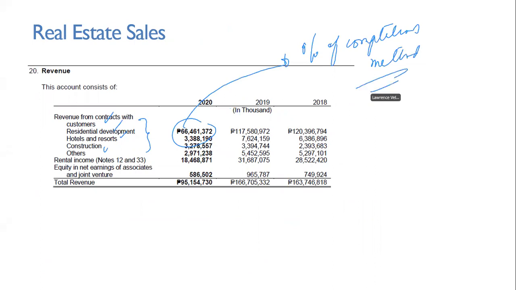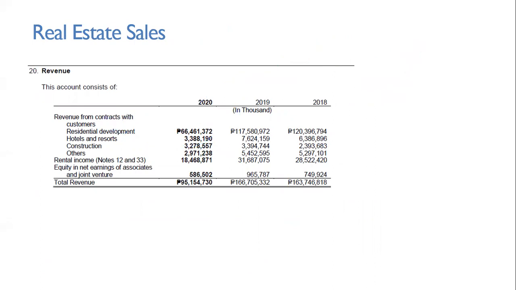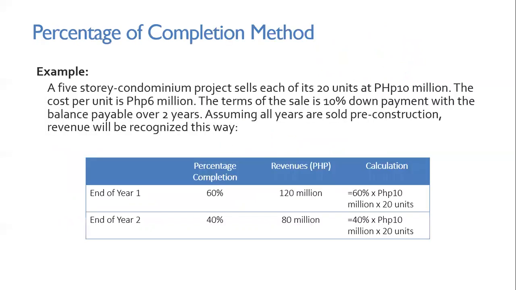Paano yung percentage of completion method? Let's look at an example. For example, a 5-story condominium project sells each of these 20 units for 10 million. The cost per unit is 6 million. The terms of the sale is 10% down payment with the balance paid over 2 years.